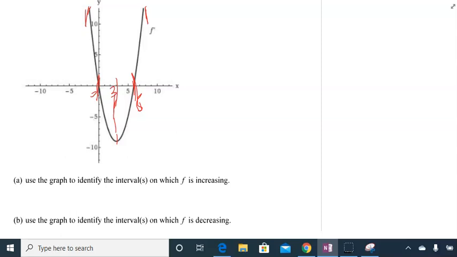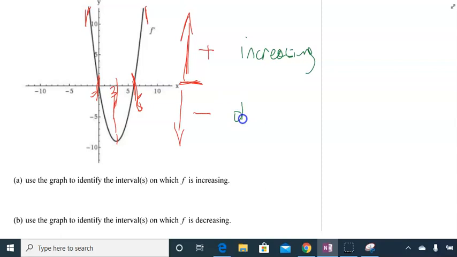So you can demarcate it, and then identify the areas where your derivative function is positive and where it is negative. Your derivative function is positive up here and negative down below the x-axis. Wherever it is positive, you can conclude that the original function is increasing. Wherever it's negative, the original function is decreasing. So that's some analysis you can do right here.